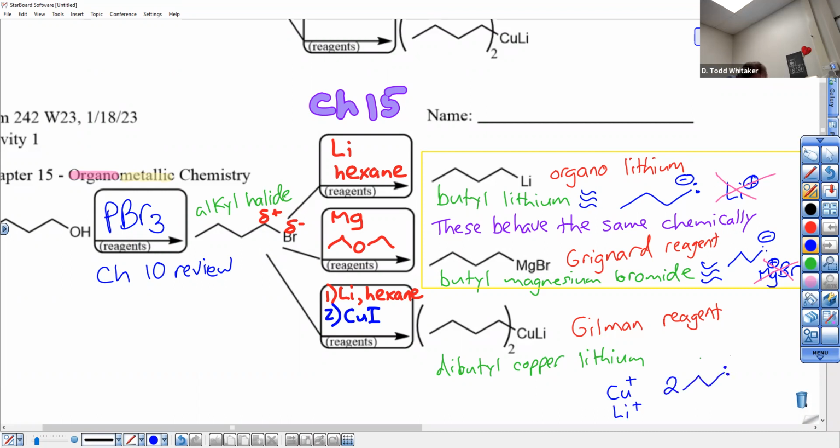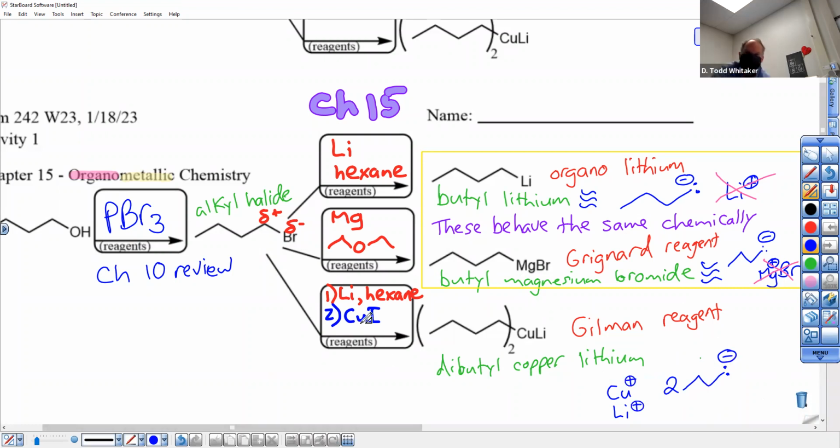If you're talking about charges, there's your ions that this breaks down to. I'm not going to put a roughly equal to sign because it doesn't behave like an anion. But if you're balancing charges, you've got a copper +1, lithium +1, and 2 carbons that are minus.